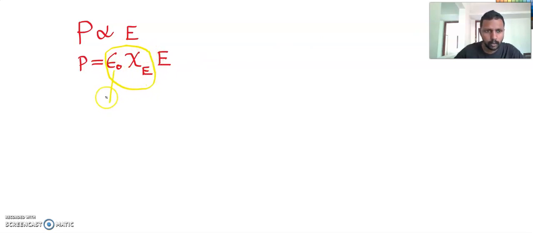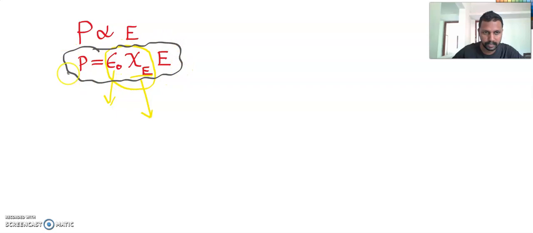And you know who this is: epsilon 0 is the permittivity of free space. Now there is a new constant, chi e. It is electrical susceptibility. Therefore, this is one important formula that you have to learn in polarization of dielectric.